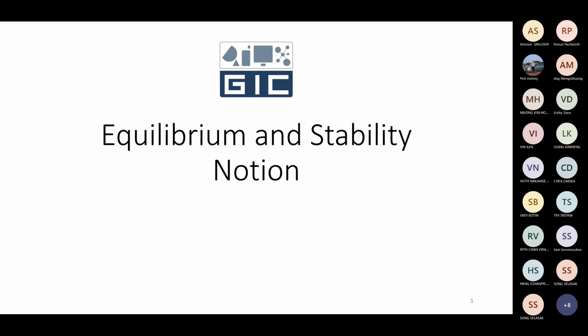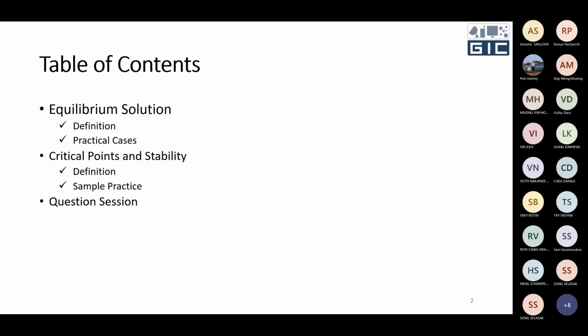Today we will talk only about equilibrium and stability solutions. We will cover general definitions, practical cases where we apply equilibrium solutions, the critical point, stability, and some practical cases that we will focus on in our practical class today.